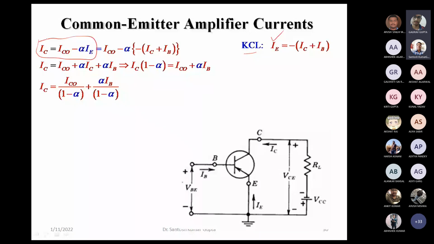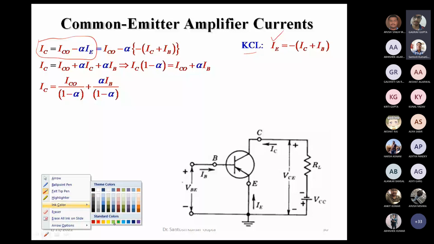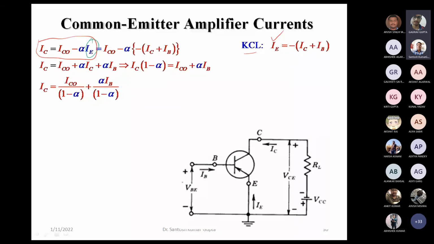And the transistor current equation is IC is equal to ICO minus alpha IE. IE here is replaced by this KCL equation, rewritten in this form, some adjustments are done, and we can have equations like this. From this equation, IC can be written like this. Why is this done?